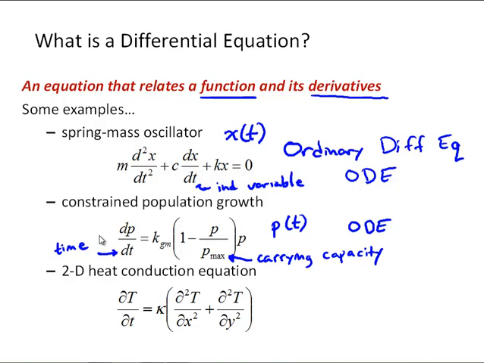In contrast, in the 2D heat conduction equation, we're looking at the behavior of temperature in time and space. So we have a partial derivative with respect to time, and partial derivatives with respect to x and y, so two spatial dimensions.